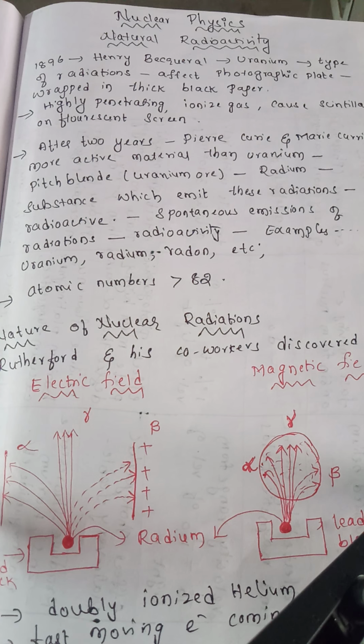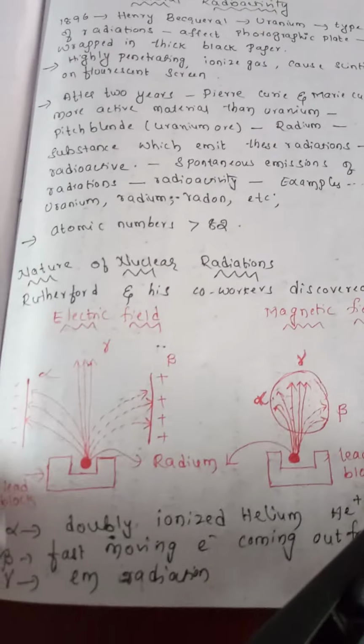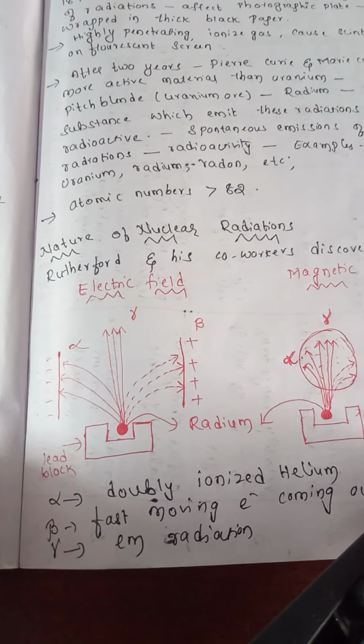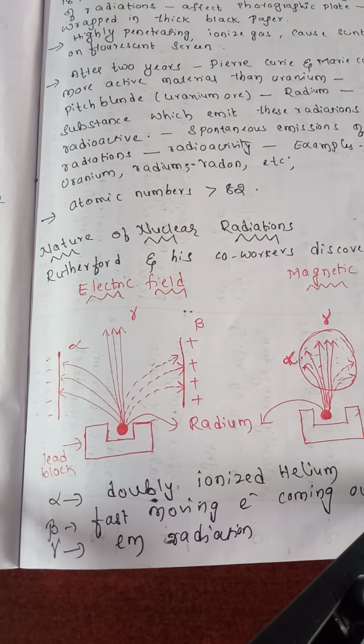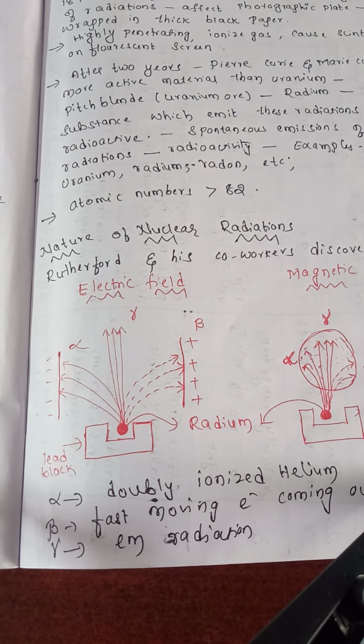Next, Rutherford and his co-workers did some experiments: they applied electric as well as magnetic fields to radium and tried to find out the nature of these nuclear radiations. First they applied the electric field. They kept radium in a lead block, and applied an electric field with a positive plate and a negative plate connected to an external source.